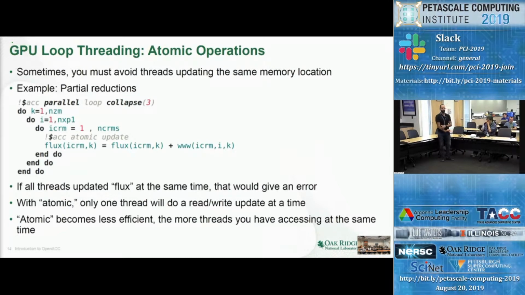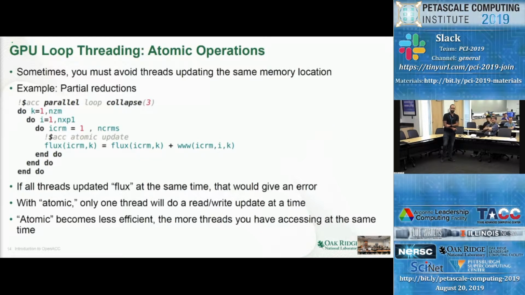There are two common ways to handle a race condition, and both of them are going to be shown here. The first is what's called an atomic operation, which has been covered. What this does is it avoids two threads accessing the same memory location at the same time. If you look at this example loop, you have this variable flux that's being updated in a sum from this other variable, triple W. But flux doesn't have an I dimension.